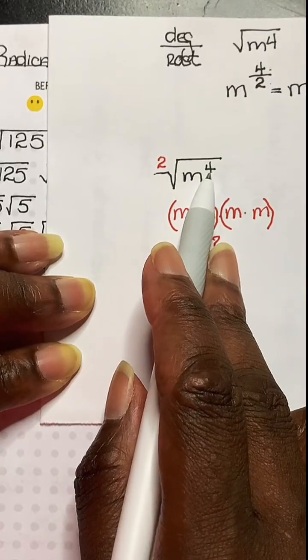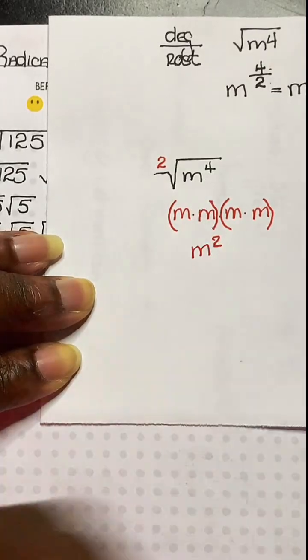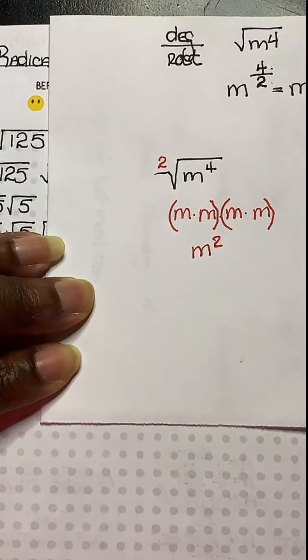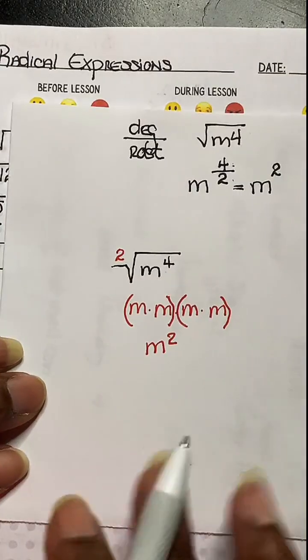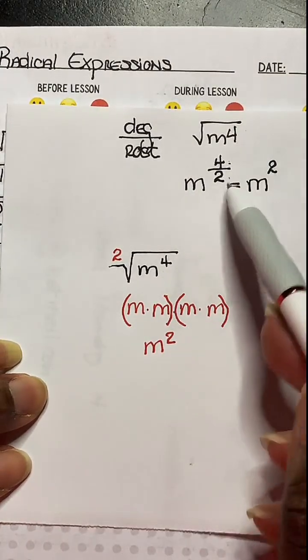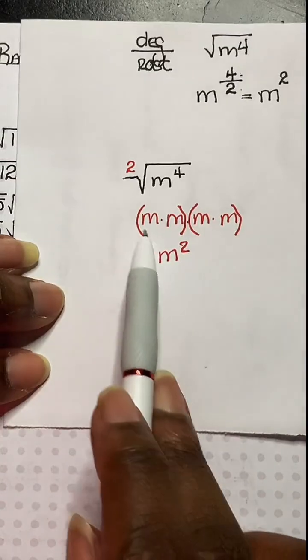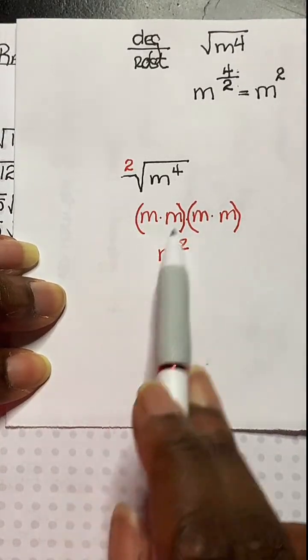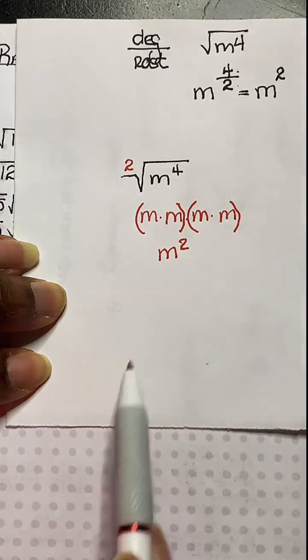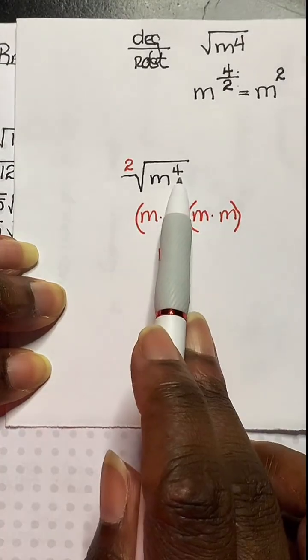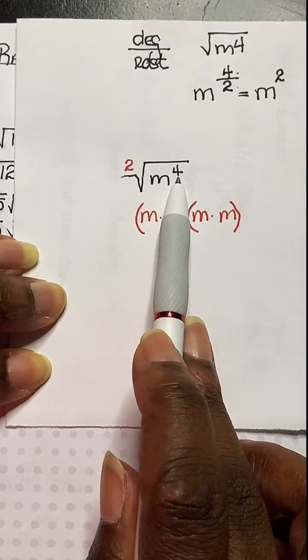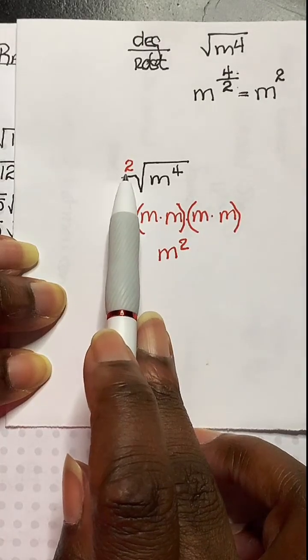You're like, there are so many ways. I know. So what would be the easiest way for you? Do you want to change it from a root to an exponent and then divide? Do you want to write out how many m's and see how many groups of 2's you can get? Or do you want to simply take your exponent and divide by 2?